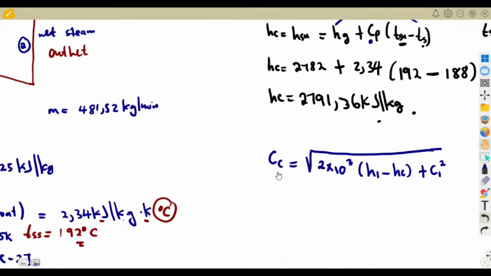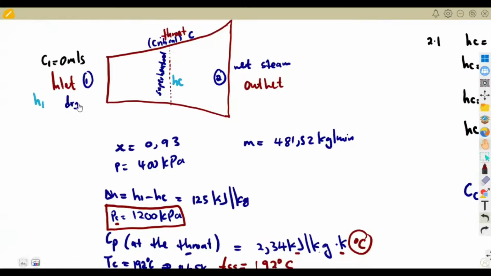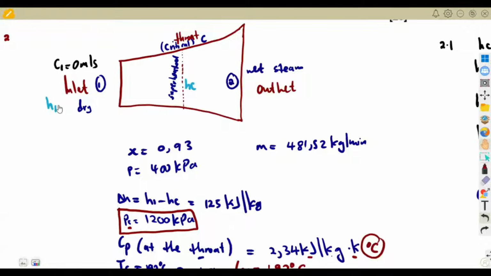So C1 is equal to zero, this is no longer there. But what about H1? Do we have the inlet enthalpy for the dry steam? Because we are considering H1 when the steam is dry.